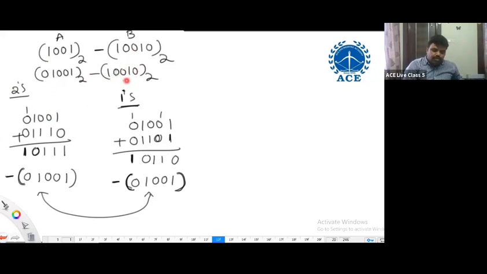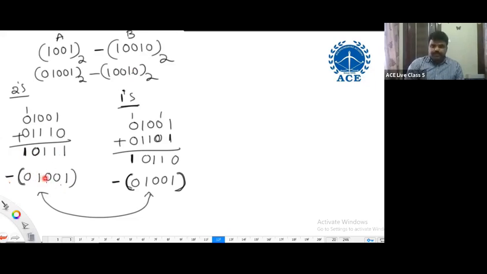We are taking 2's complement of B. 0 as it is, 1 as it is, complementing remaining bits 1, 1, 0. Right? Then adding these two is not producing final carry. Then confirming result is negative. Then how to get result? So magnitude we can get by taking 2's complement of sum and consider negative result.